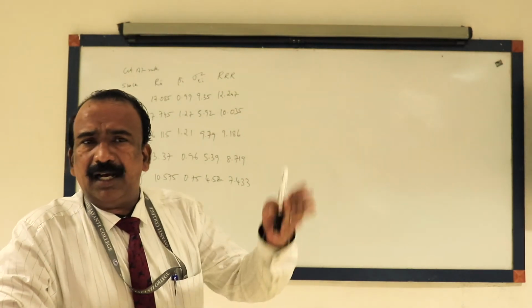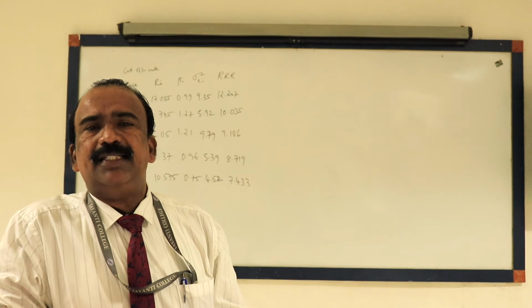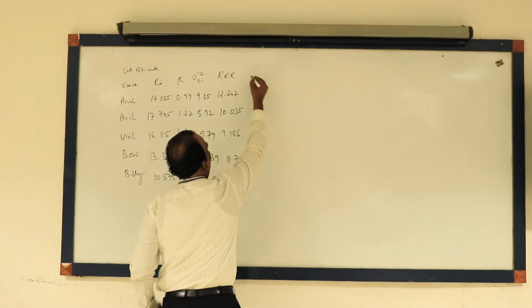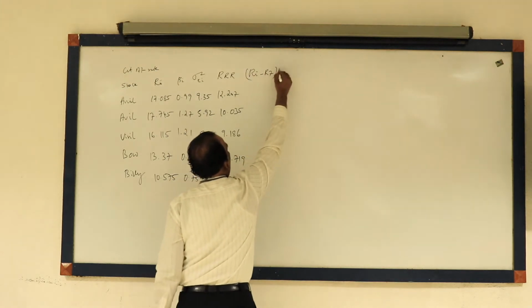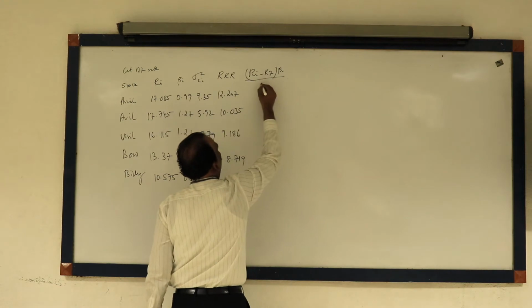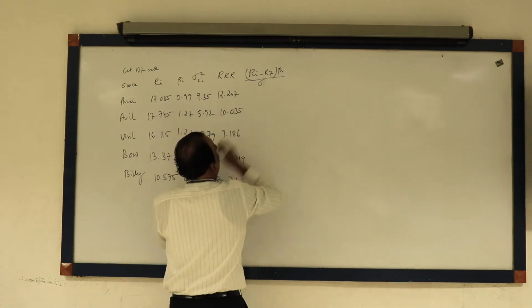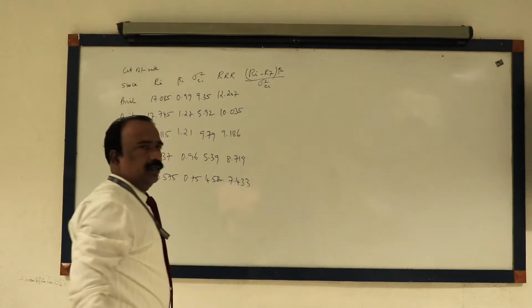Then the sub-steps in calculating the cutoff rate. First we need to calculate Ri minus Rf, into beta i, divided by standard deviation square ei, that is divided by the unsystematic risk. So what is the rate?